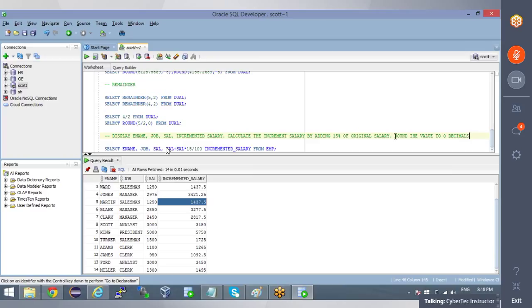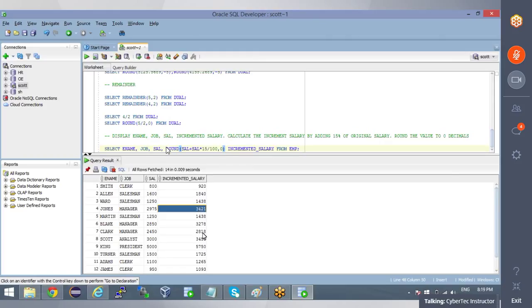If this is my requirement, what would I do? I would give a round function here, round off this particular value to 0. Now here you see everything is appearing in a proper manner.